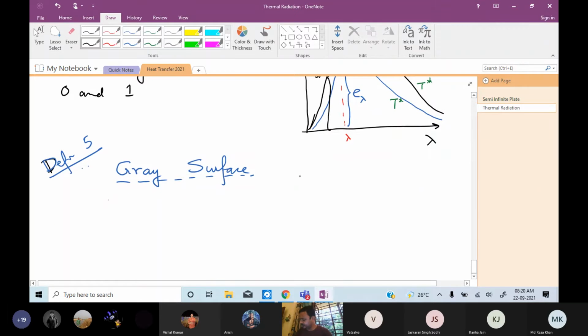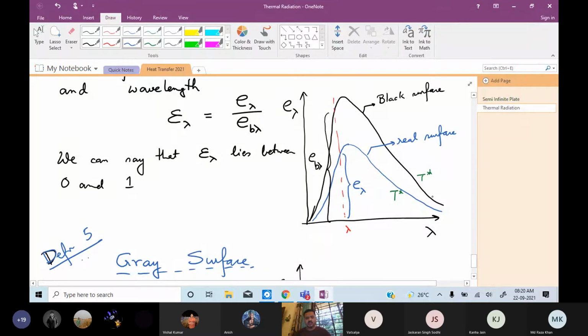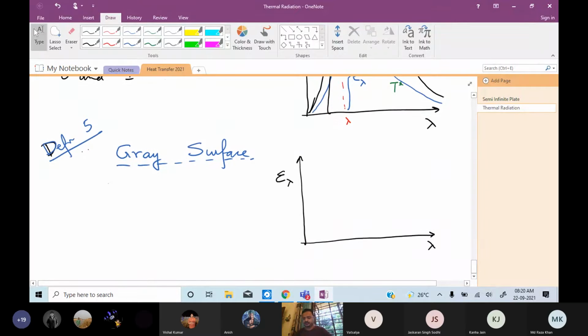Let us say I now start plotting the monochromatic emissivity as a function of lambda. I have to take the value of epsilon at every value of lambda and plot it. And I may see that the curve varies something like this.